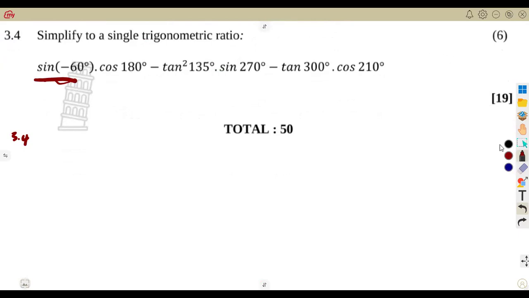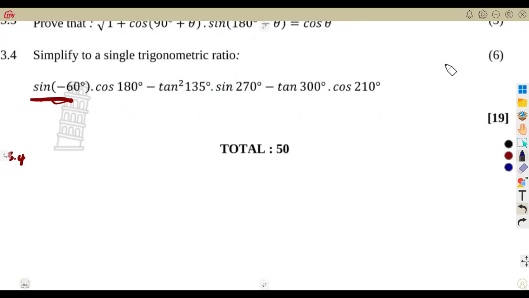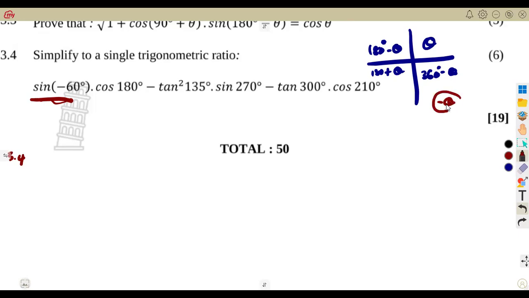Remember, I talked about this, guys. If you're talking about positive angles, this is theta, 180 minus theta, 180 plus theta. This is 360 degrees minus theta, which is opposed with negative angles. This will be minus theta for negative angles.